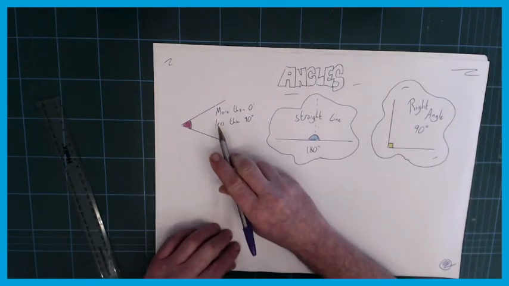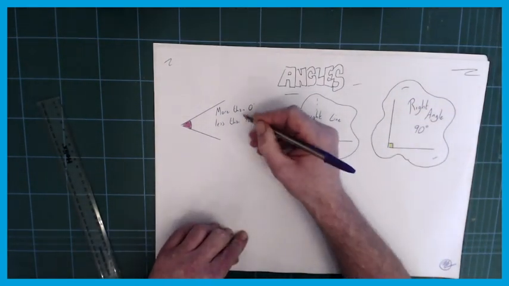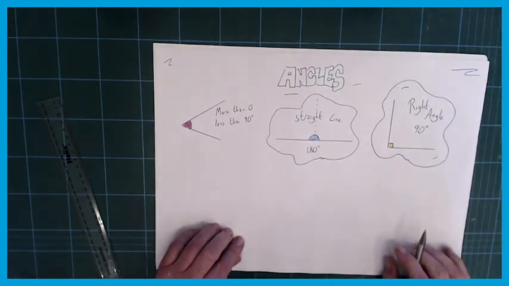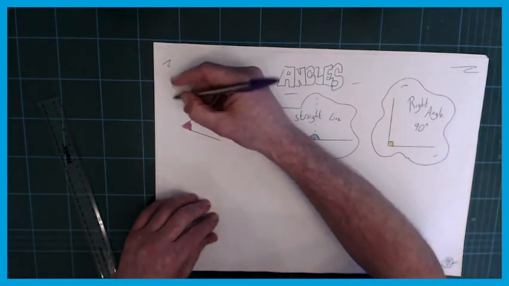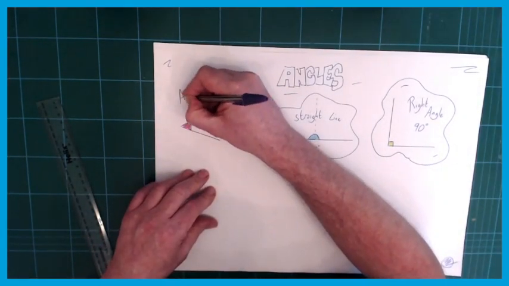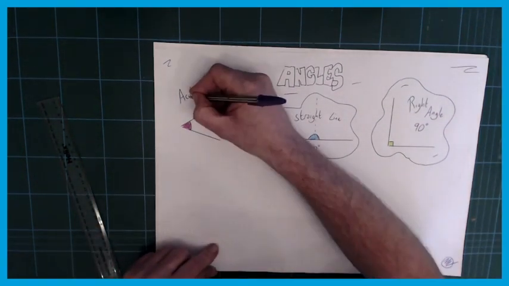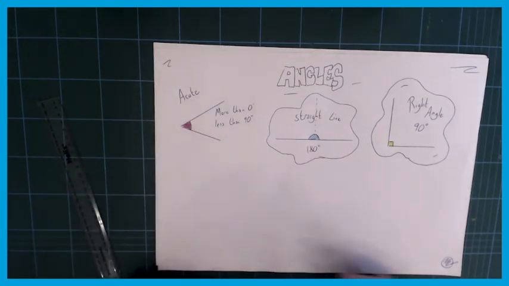It must be less than 90. If it's 90, it's a right angle. So it could be 89.9999, and that will be this angle here. And this is the smallest angle we have, and it's called the acute angle. A-C-U-T-E, because it's small and cute. It's an acute angle.